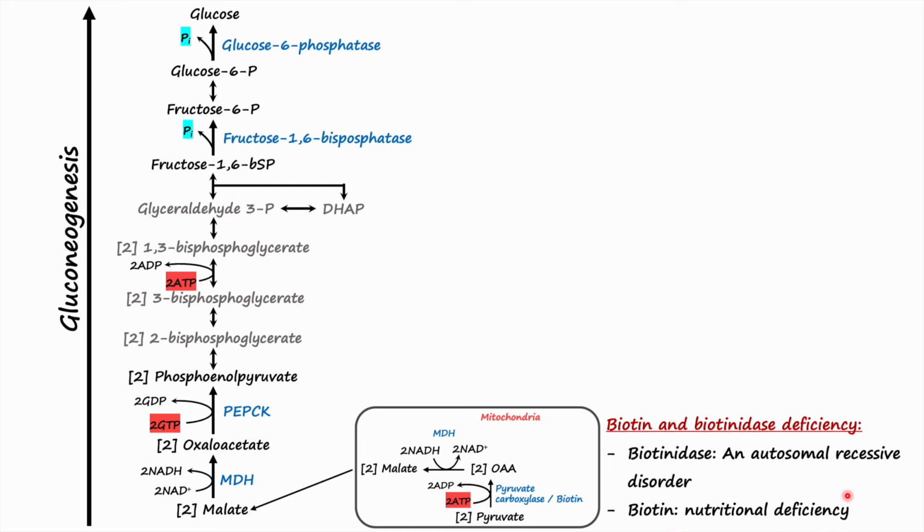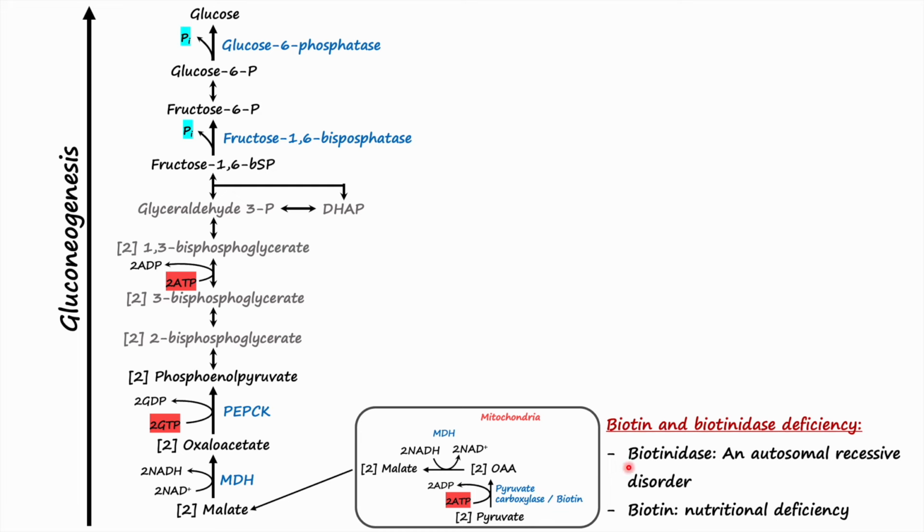Biotin nutritional deficiency is caused by a large amount of avidin protein found in raw egg whites, and this avidin binds to the biotin and makes it unavailable for attachment to the pyruvate carboxylase enzyme.